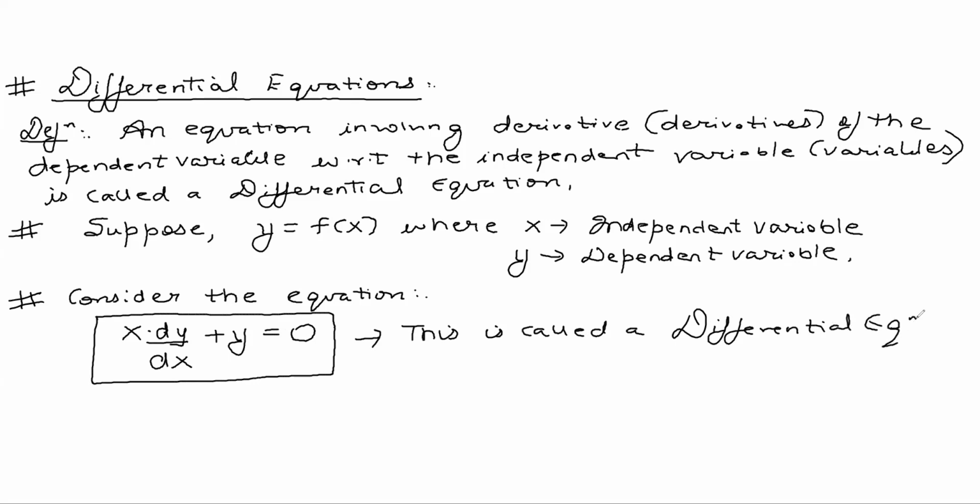Why? Because you can see that this equation consists of the derivative of the dependent variable with respect to the independent variable. What is the derivative, guys? The derivative is nothing but dy by dx. So this equation consists of dy by dx, hence it is called a differential equation.